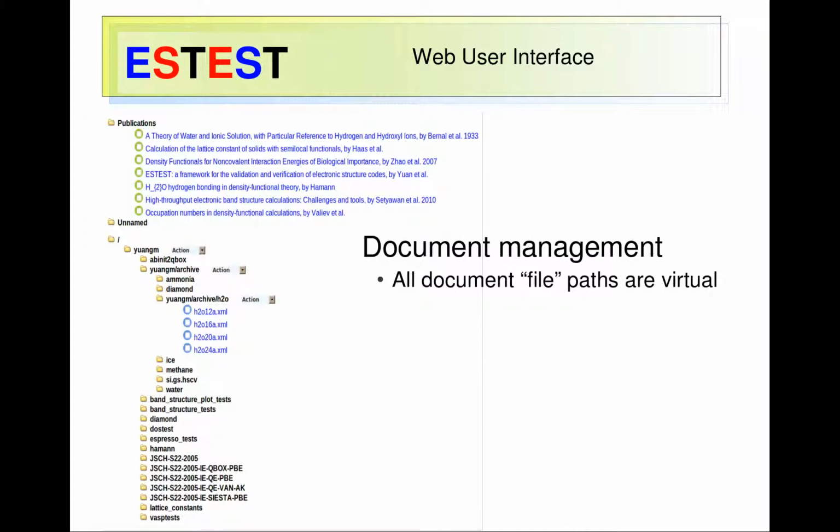Okay, moving on, next I'm going to describe the ESTEST Account Manager interface and all the different actions that you can take on the documents that you've uploaded. But first I want to emphasize that when you see this hierarchical file view of your documents, indented based on the / tokens in the file strings, these file strings are stored internally in the URXML document itself, and they don't have any correspondence to how the data is actually laid out in the XML database.